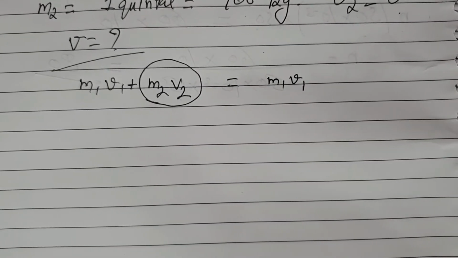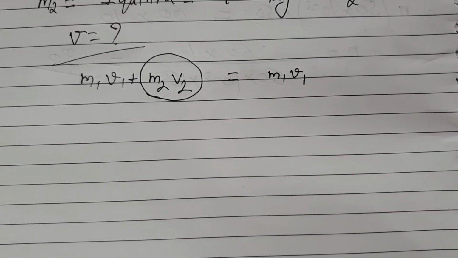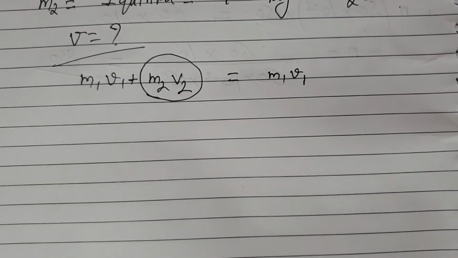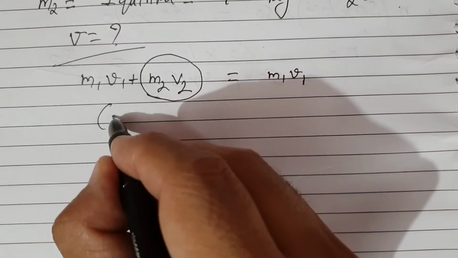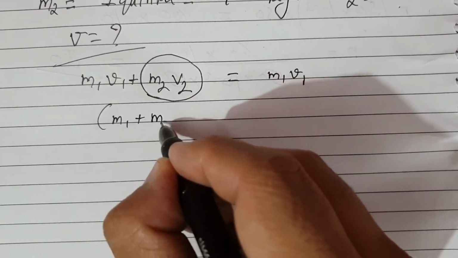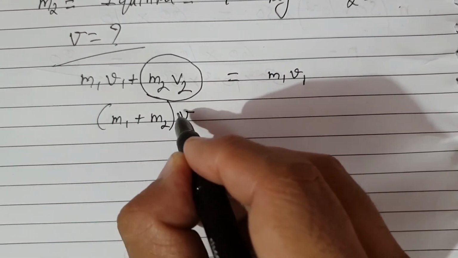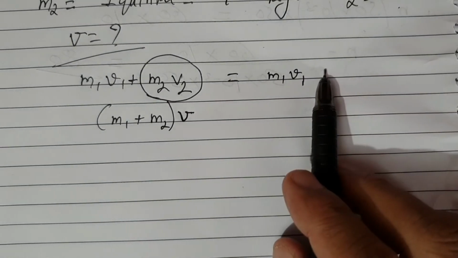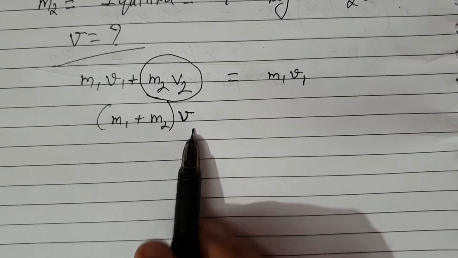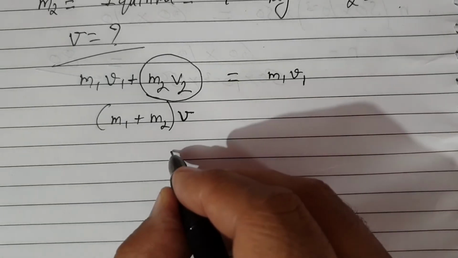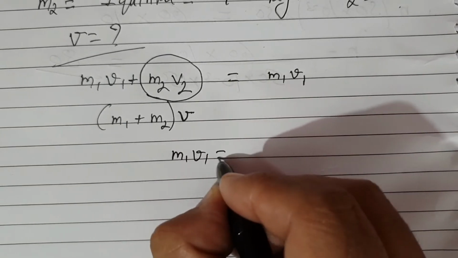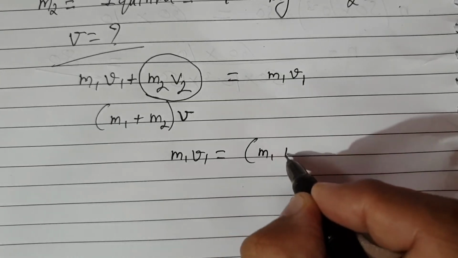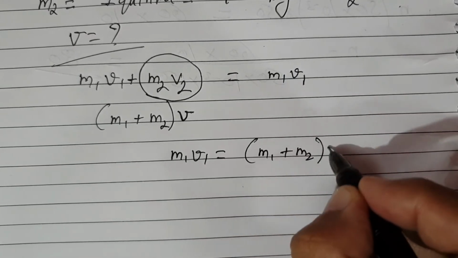The final momentum is when the person is on the rail, so their masses are combined, m1 plus m2, taking the velocity as v. So by conservation of momentum, m1 v1 equals m1 plus m2 times v.